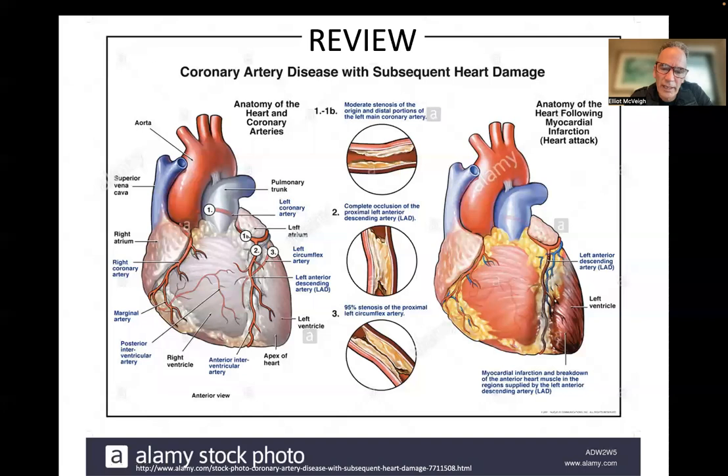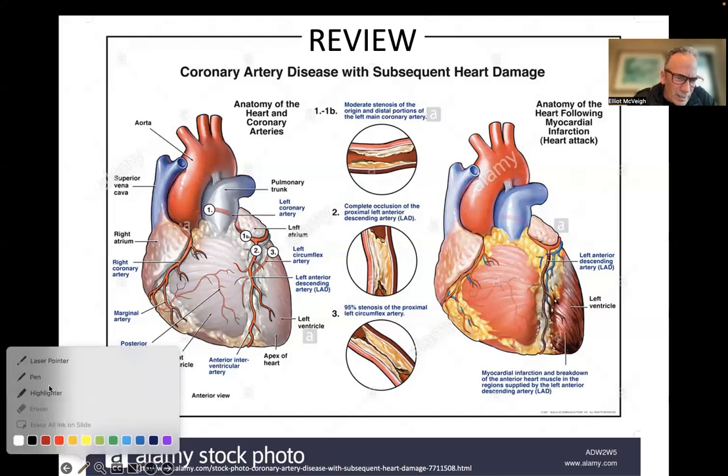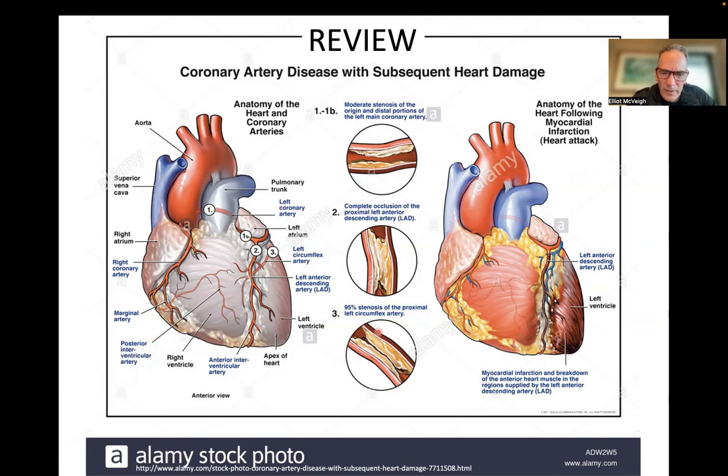If you looked on a high resolution X-ray angiography image where you inject dye, you will see a very small line, let me do the laser, here we go, there. You will see a very small line on the X-ray angiogram showing what, for lack of a better term, they always call a 95% stenosis.